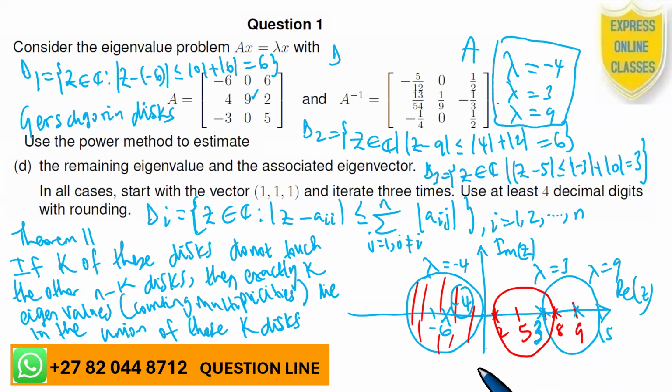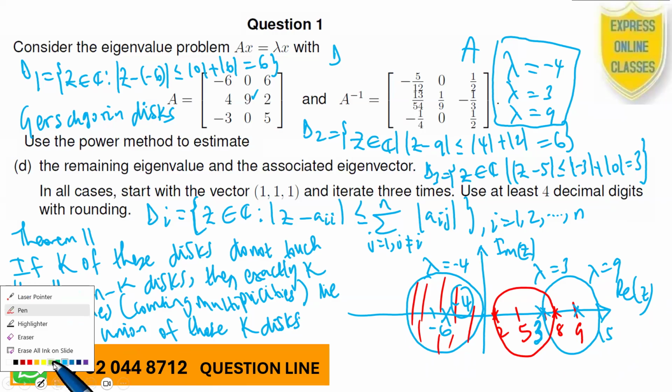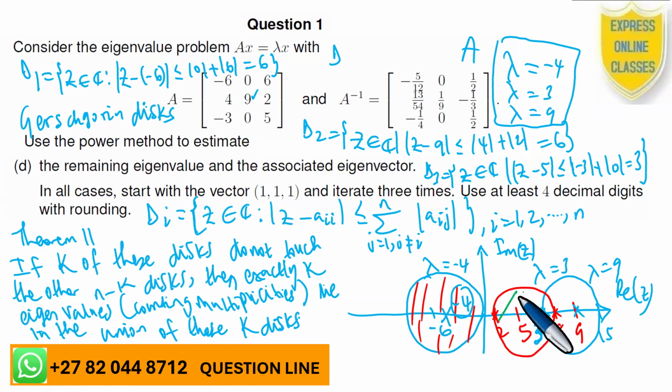So lambda equals 3 and 9 are in the union of the disks, and we dealt with the smallest and the biggest: 3 is the smallest in magnitude and 9 is the largest in magnitude among the eigenvalues. But we have more than this, because we need to shade the interior of this disk. Why do we shade the interior? Because each disk is defined as a circle with less than or equal to, meaning equal to is the boundary and the less than part becomes the interior of the disk.